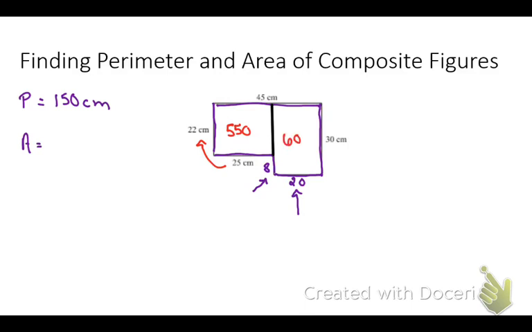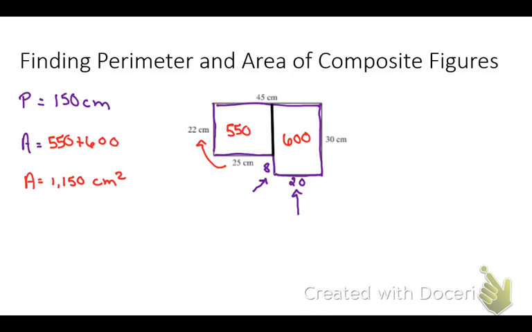Okay, so you should have got 600. So A equals 550 plus 600. So the area of my composite figure is 1150 centimeters squared. All right. Okay, thumbs up if you got it. Thumbs down if you messed up. All right. Thumb sideways if you kind of got it.